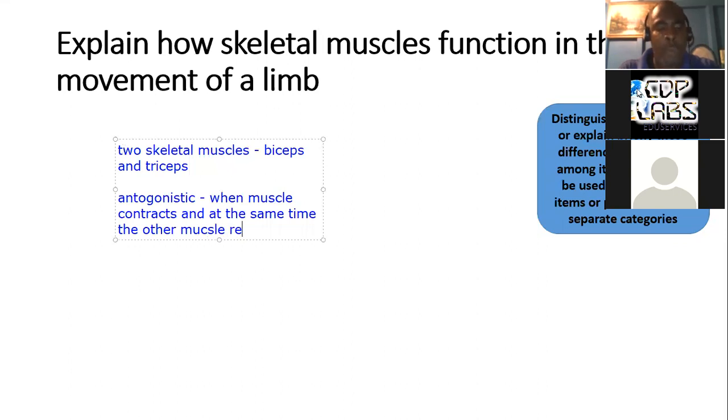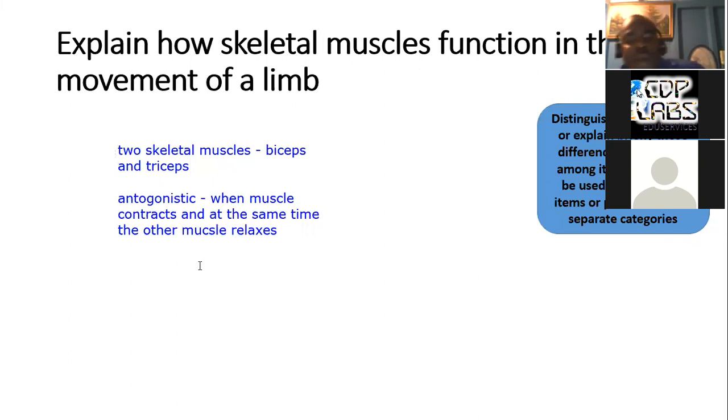Exactly. Not bad. That is how you explain how the skeletal muscles function in the movement of a limb. You want to make notes of that? Do that quickly.